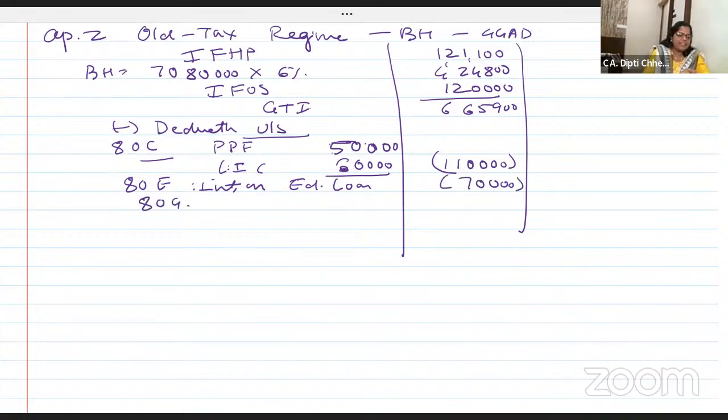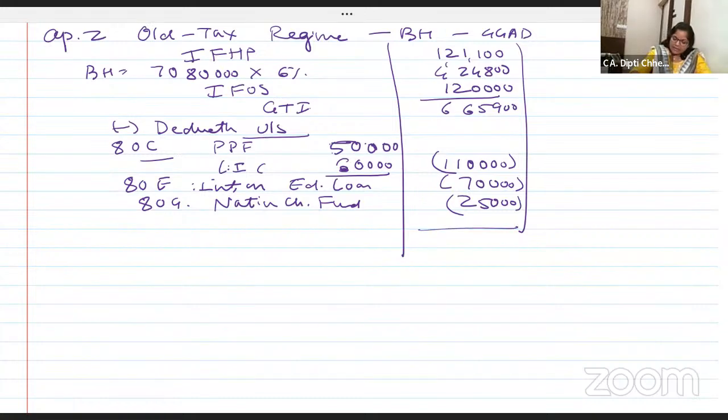Next is ATG. ATG, 4 categories are there. So this donation, National Children's Fund, directly is deductible 100%, 25,000. In business head, donations are not allowed as expense. So we have added back. Now we have deducted.